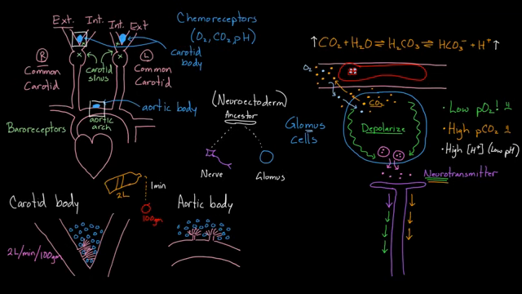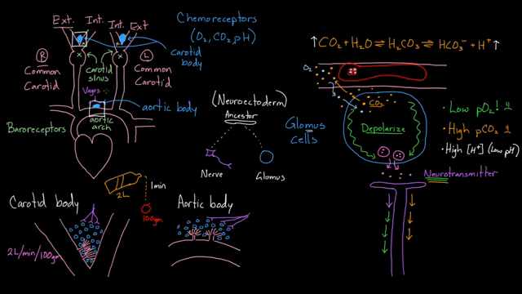So we know the glomus cell is not a neuron, but it's going to be talking to neurons. In fact, you're going to have many neurons working together in this area, and they're going to join up both in the aortic body and the carotid body, and these neurons, going back to the original picture, are going to meet up into a big nerve, and this nerve is going to be called the vagus nerve.